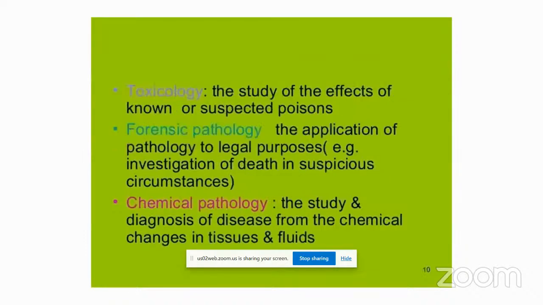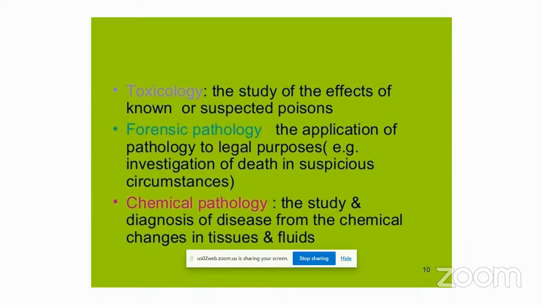Then the next one is toxicology, the study of the effects of non-suspected poisoning, which also comes under forensic medicine. Then forensic pathology, the application of pathology for legal purposes, such as any suspicious death circumstances.